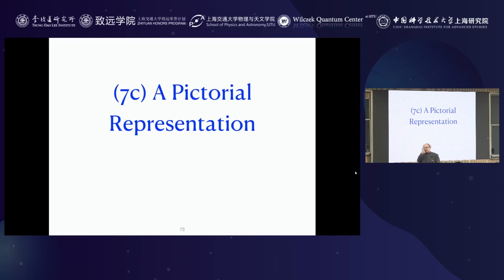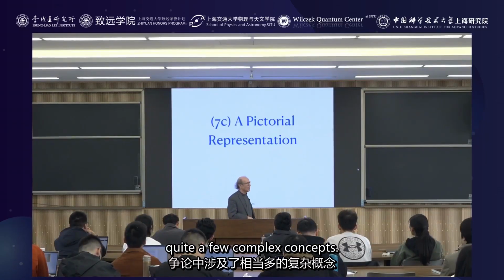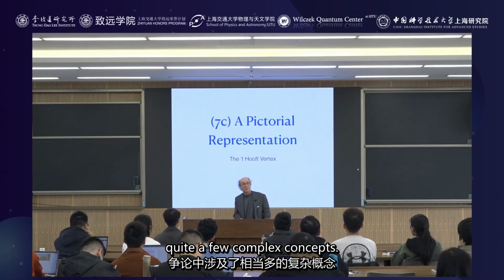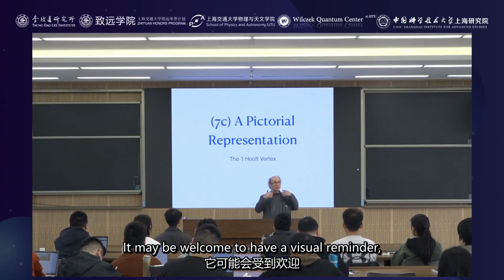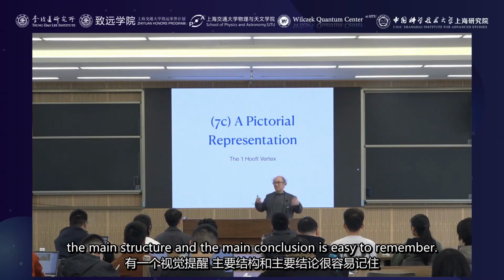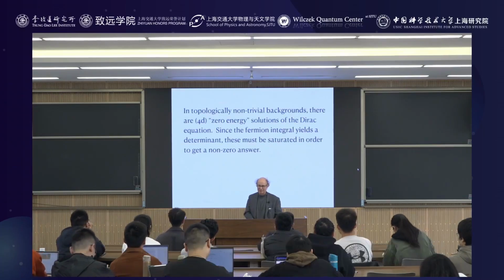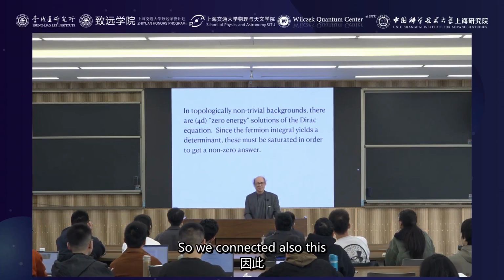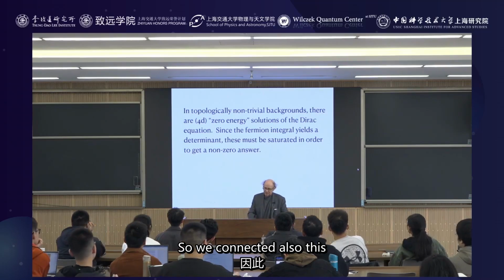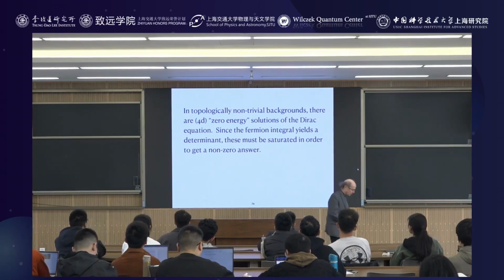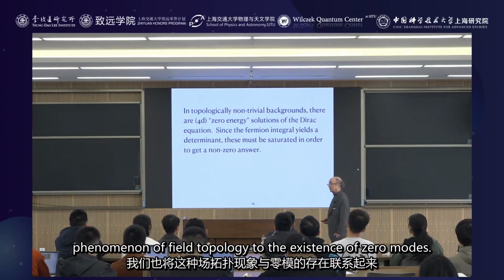Okay, so we've involved in this argument quite a few complex concepts, so it may be welcome to have a visual reminder of the main structure and the main conclusion that is easy to remember. So we connected also this phenomenon of field topology to the existence of zero modes.